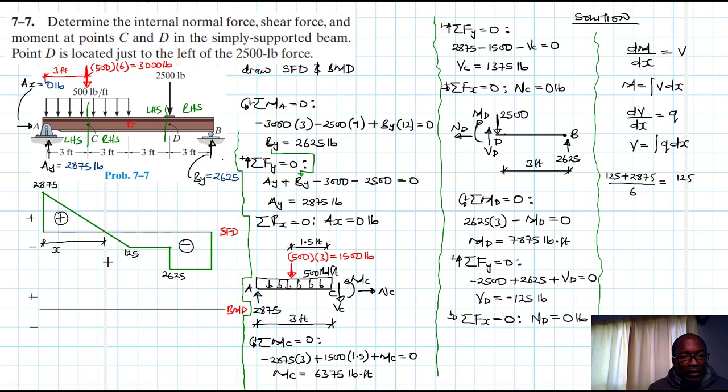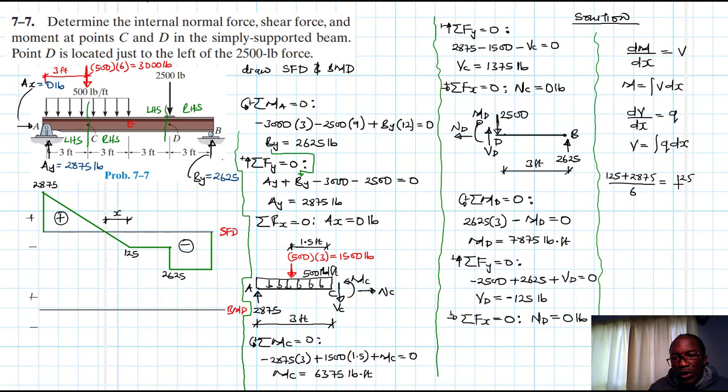Instead of finding this, it will be much easier to find this one here, from there to there, and subtract it later on, so that I don't increase the work.